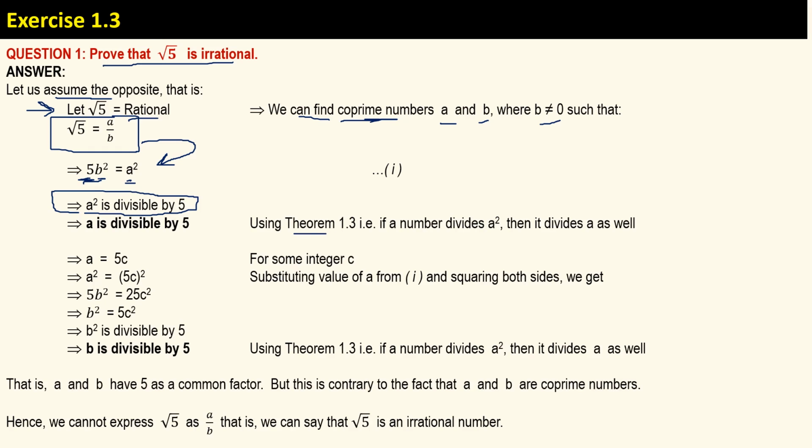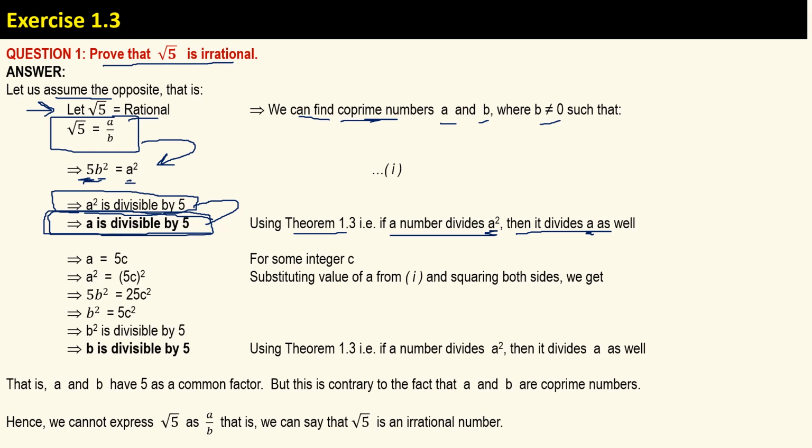Now using theorem 1.3, which says that if a number divides a square, then this number divides the number a as well. So if a square is divisible by 5, then a is also divisible by 5. So this is what we conclude here.